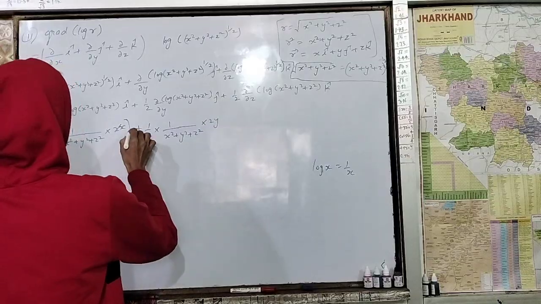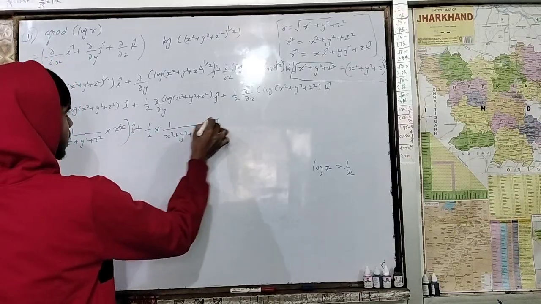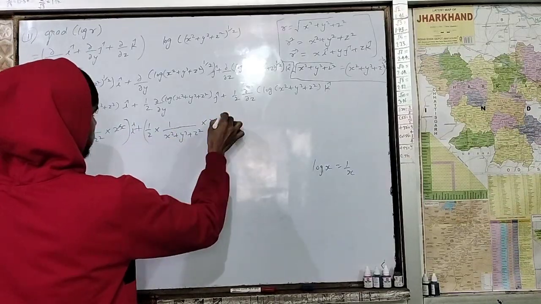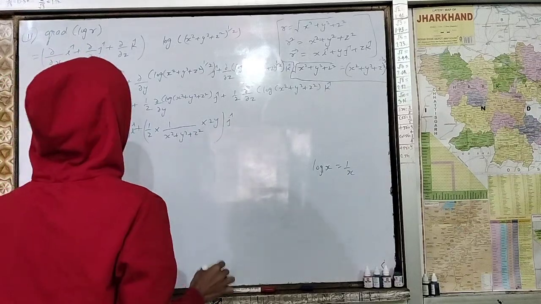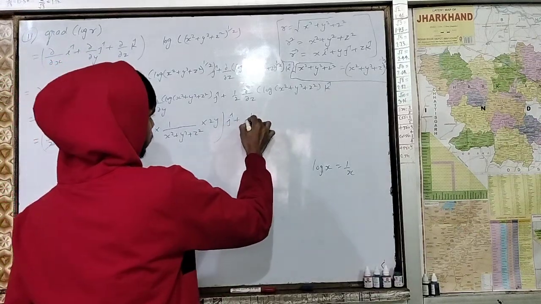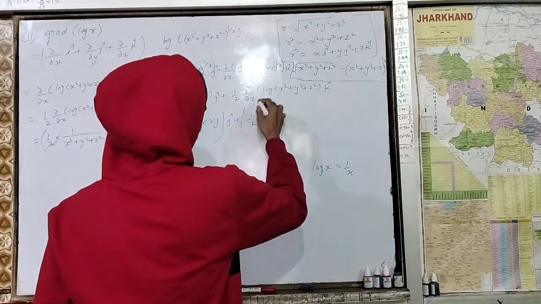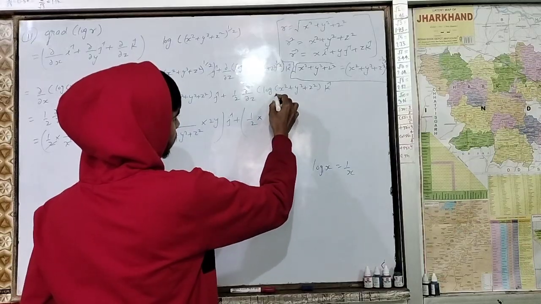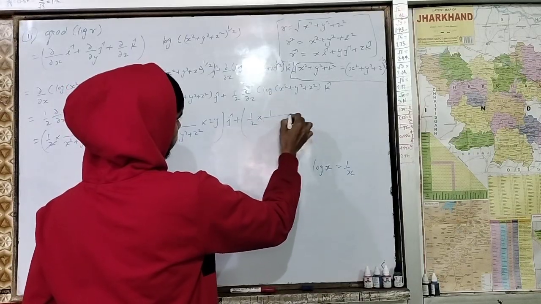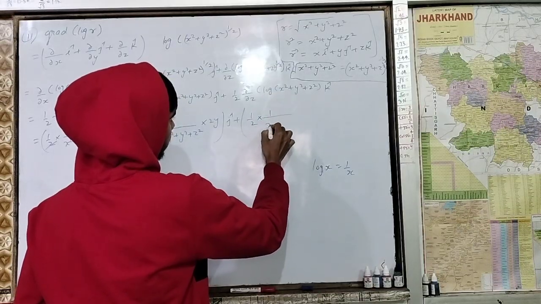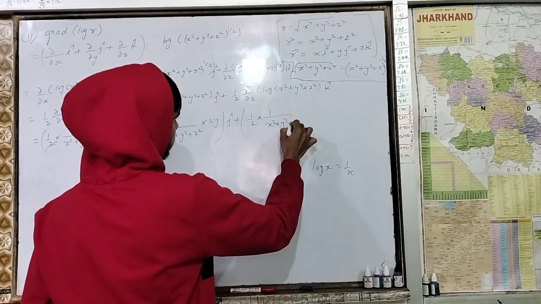This is along i cap, and this is along j cap, plus 1 by 2 then multiplication 1 upon x square plus y square plus z square.